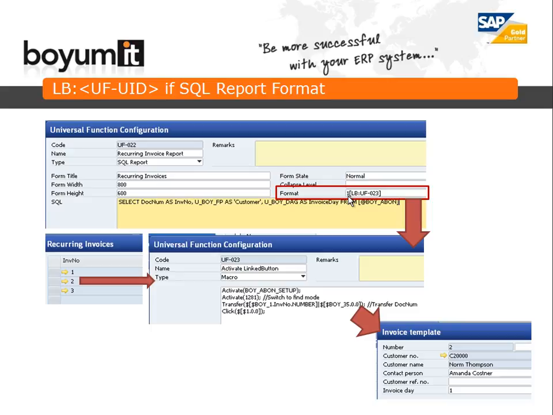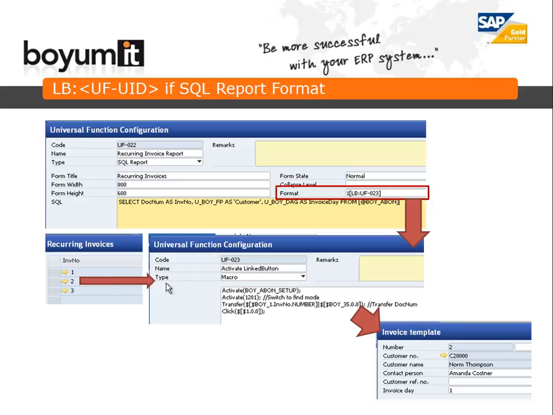It only knows a fixed limited amount of different windows, the most common ones. So what you can instead do now is, instead of giving a table, you can type LB:, and then you can type the code of another universal function. And what will happen is, at that time I actually press the link button, it will launch that universal function.